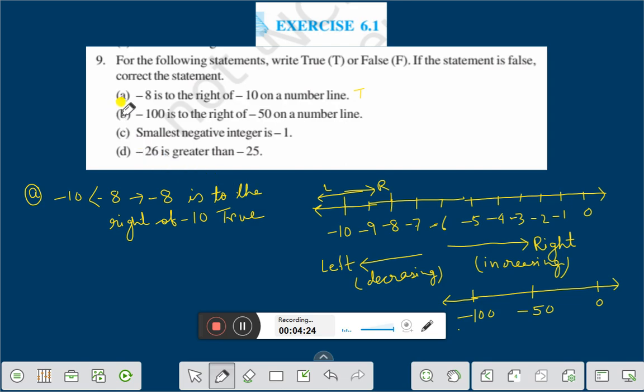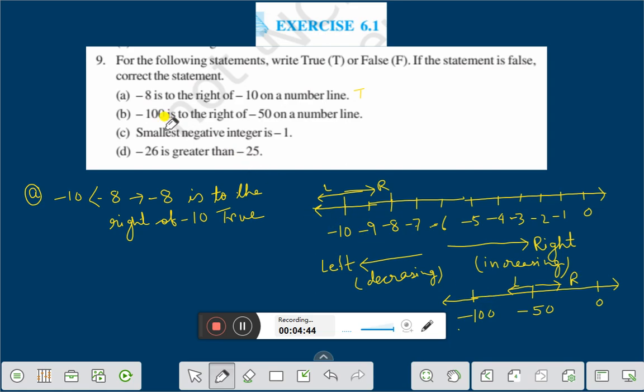The question is, minus 100 is to the right of minus 50. Here you see this is the right direction and this is the left direction. Left direction means the numbers are decreasing.